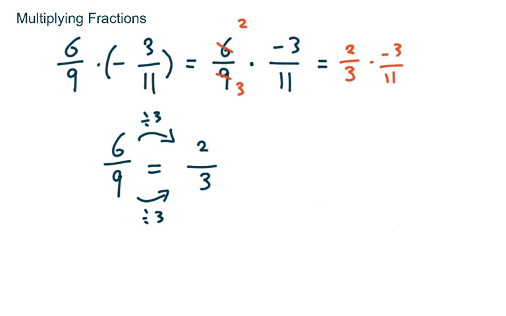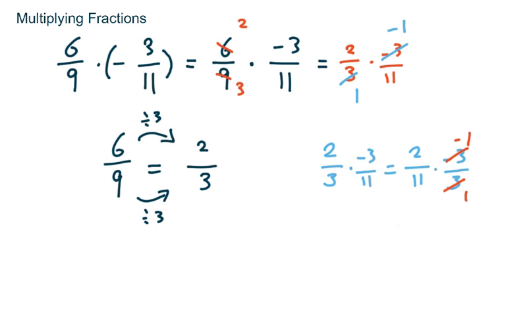Okay, but we're not done yet. Based on our previous example, we know that we can also reduce the negative 3 over 3 as negative 1 over 1. And the reason is because if I were to copy this again, I can also rewrite it as 2 over 11 times negative 3 over 3. And that helps you to see that this is negative 1, this is 1.